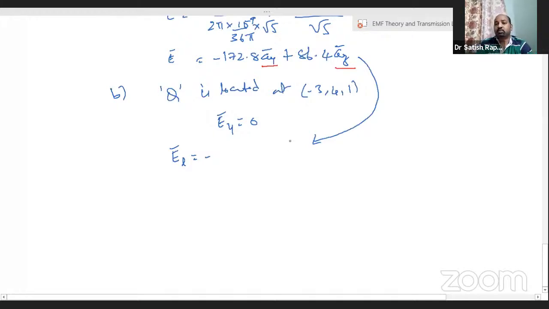Right. So I'm back again. So here the electric field due to line charge is already determined, right?